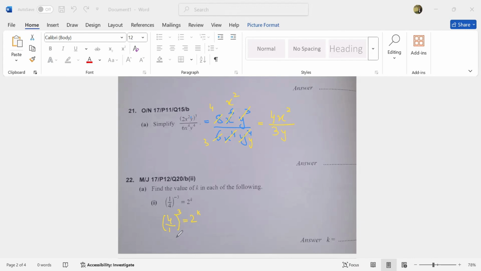We know that 2 square is 4. So changing it into 2 square, the 1 is invisible. So we have 2 power 6 equal to 2 power k. We have a rule that if the bases are equal, then we can equate the powers. It means 6 is equal to k. This is the value of k.